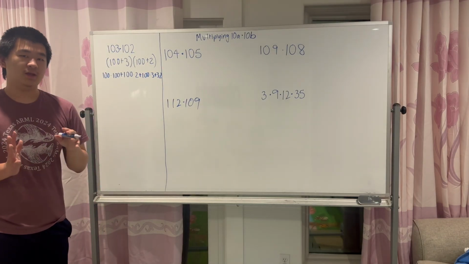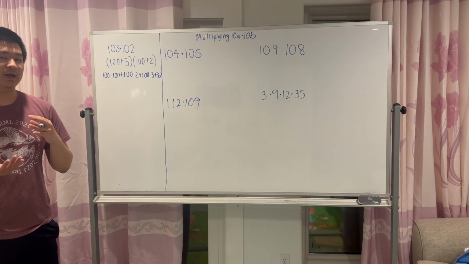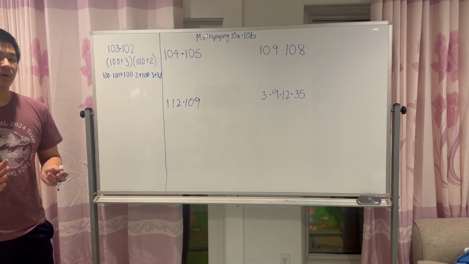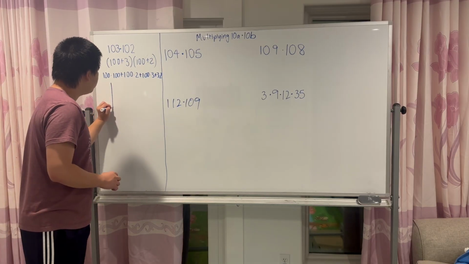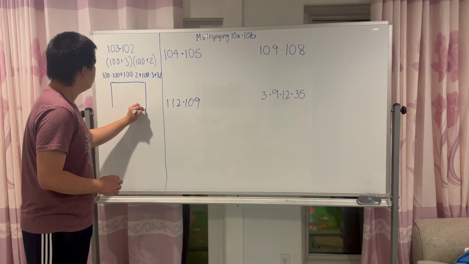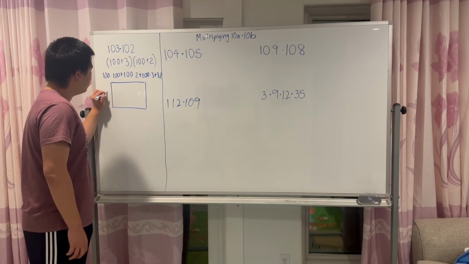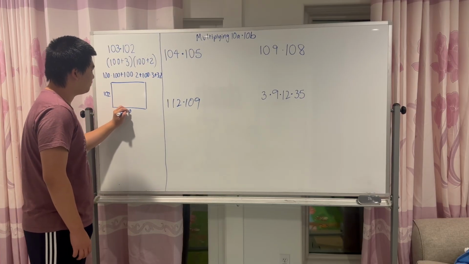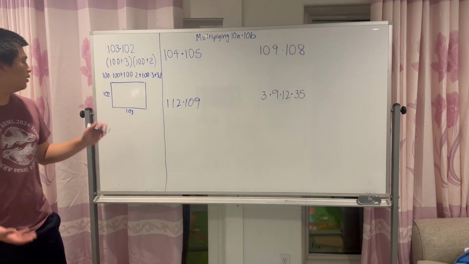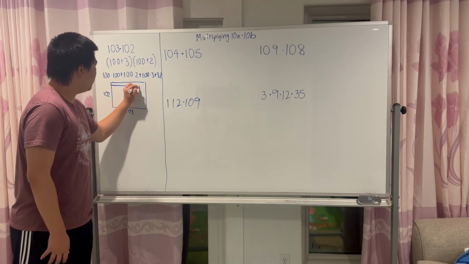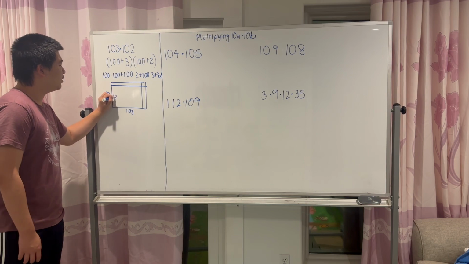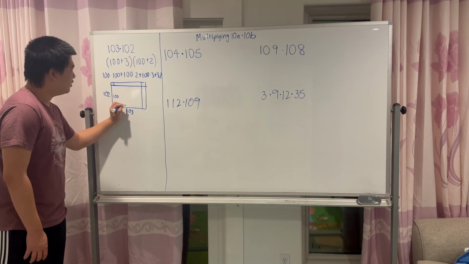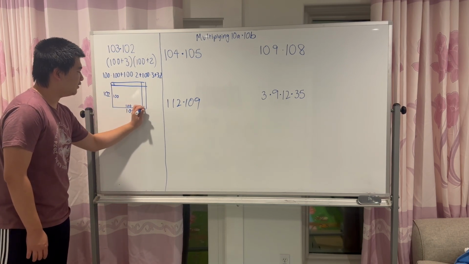And another way to think about this FOIL is to think of it as area. We know that the area of a rectangle is the length times the width. So we can envision it as a rectangle with width 102 and length 103, right? And we'll divide it like this, such that we have this segment of length 100 and this segment of length 2, this segment of length 100 and this segment of length 3.